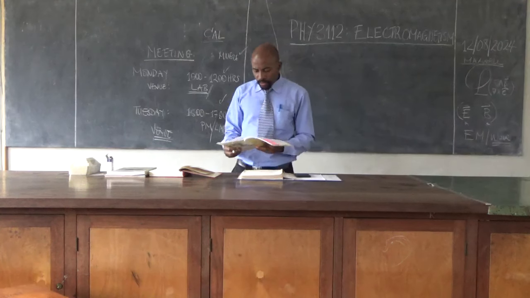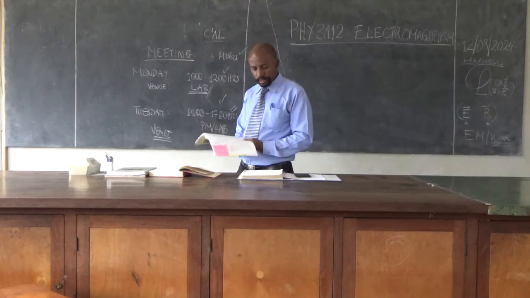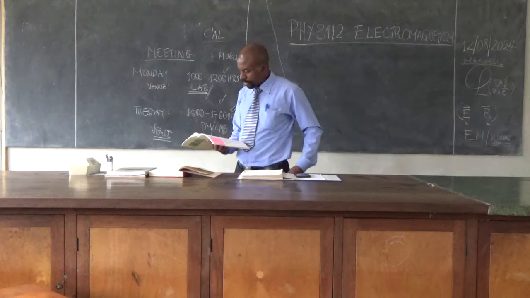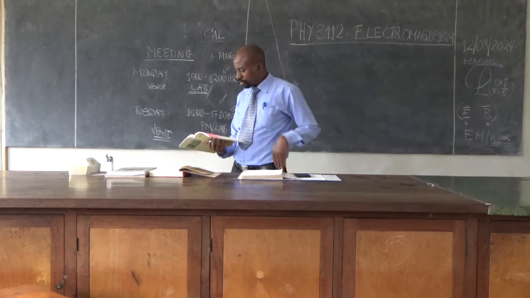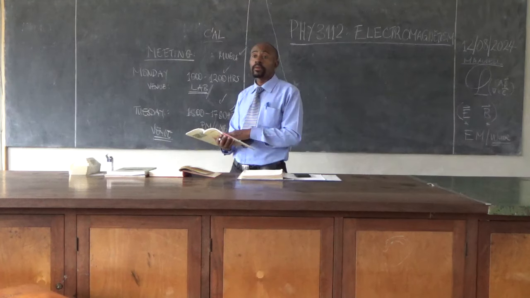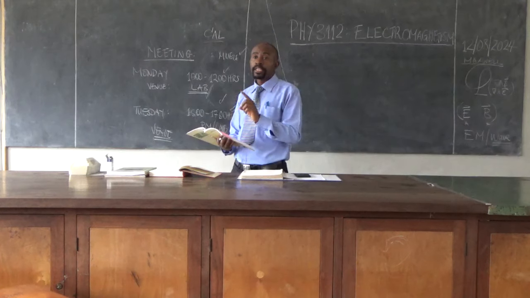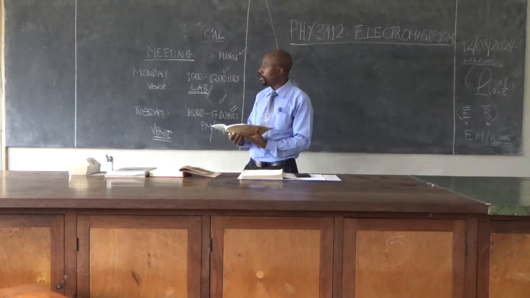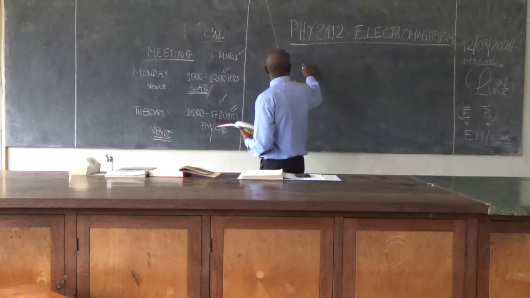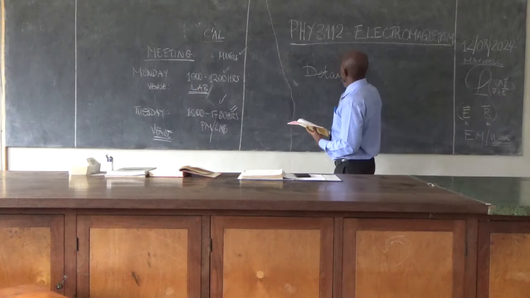So at the onset, we shall start on a course outline, but before the course outline, we have a course description here, which will be found on Mwere. On Mwere, there is a syllabus, and then there is a detailed syllabus, just like it was for electricity and magnetism.